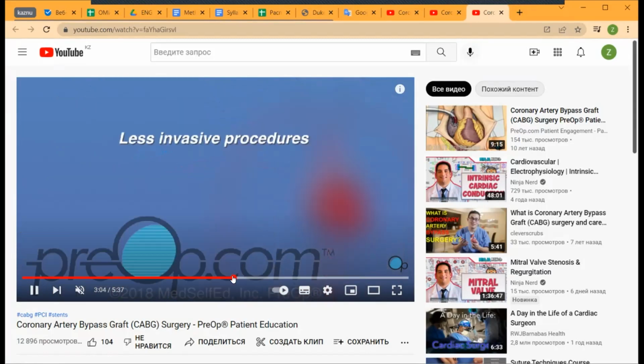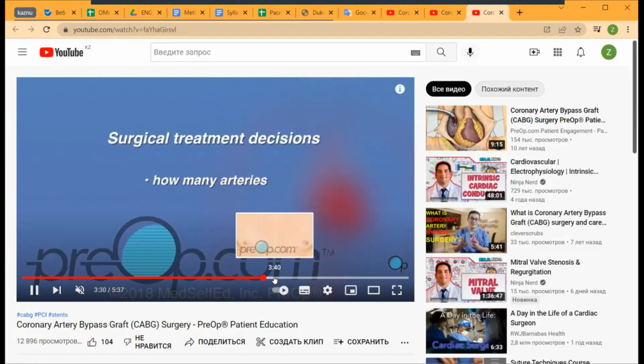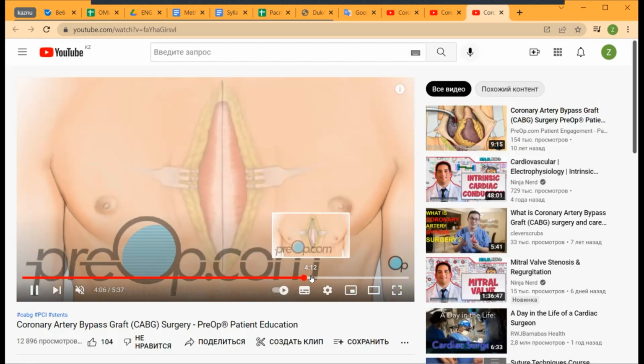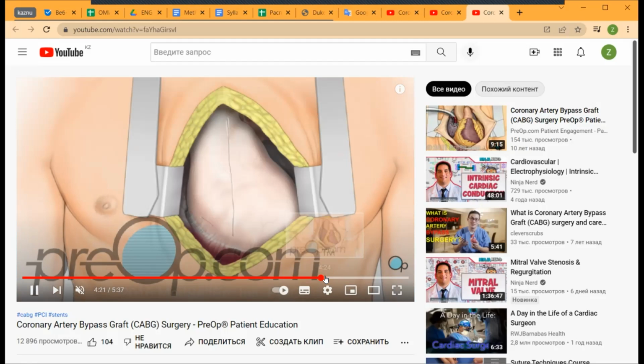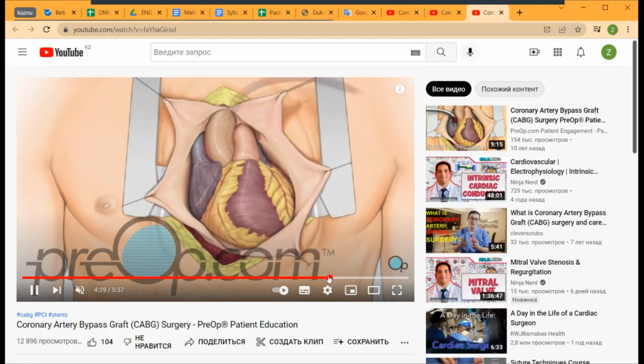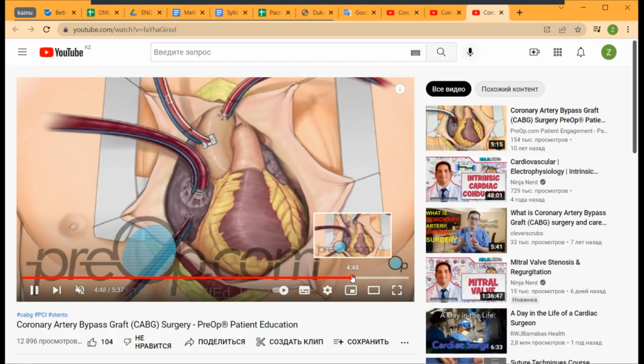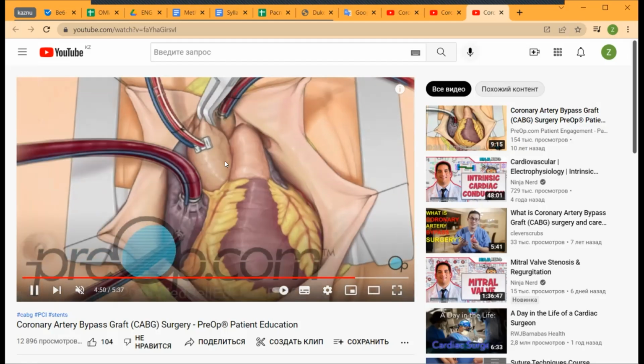Here is the sternotomy, how exactly we do the operation. We open the chest. After that, we connect the vessels with the heart-lung machine. Here you see the heart is not beating because this machine is working.